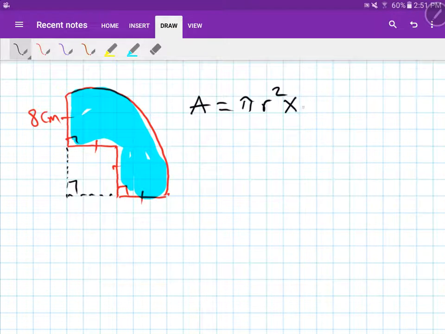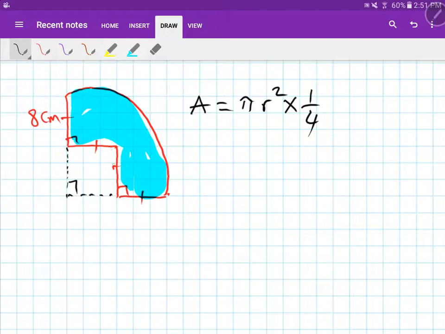Then you times by a quarter, because it's a quarter of the circle. If you do this, it gives you the whole lot here. But you don't want that. You want to find this green color only. So to this, you minus the square.